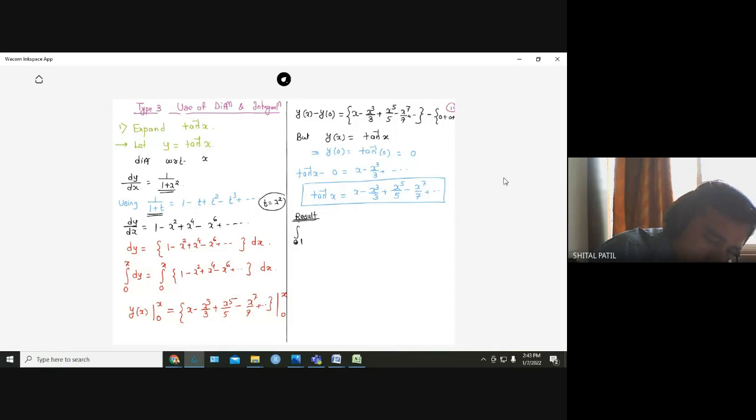1 to x. Integral from 1 to x of dy equal to integral from 1 to x of the remaining things. What it was? 1 minus x square plus x raised to 4 minus x raised to 6 and so on, dx. Please do it yourself. So it is y of x from 1 to x equal to x minus x cubed by 3.